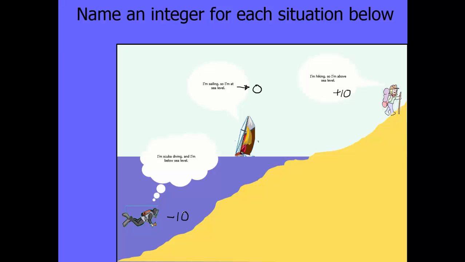That could be 10 meters below sea level. So negative 10 would be the integer. It simply means below sea level. The negative says below. The 10 tells you how far below. The positive 10 says above. The positive means above. 10 is how far above sea level. And if you're right at sea level, that's what that 0 is for.